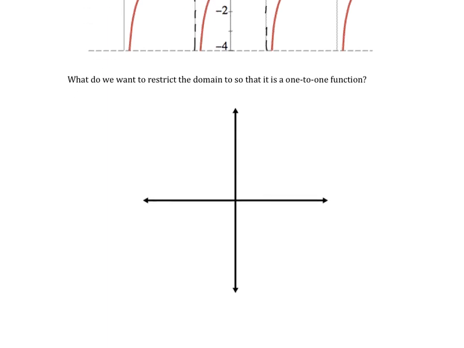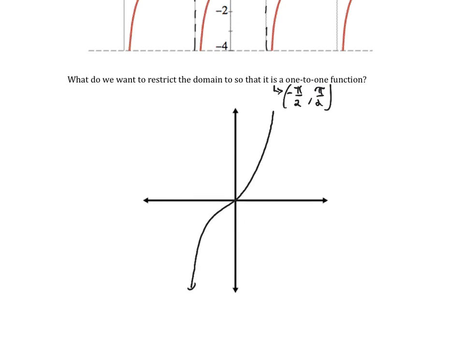So what do we want to restrict the domain to so that it becomes a one-to-one function? We want to go from negative pi over 2, not including. Those points do not lie on the regular tangent graph. So your regular tangent graph would look something like that.